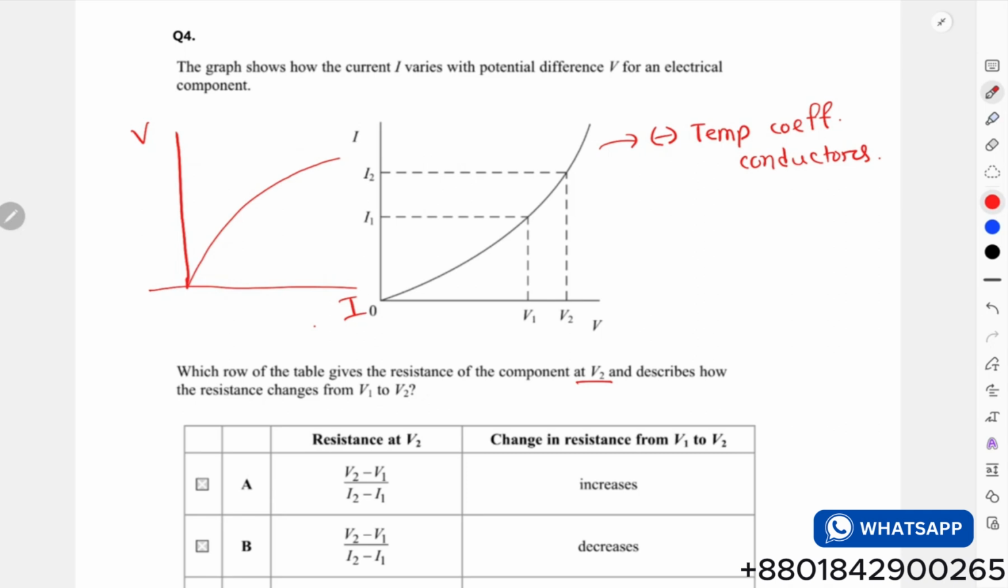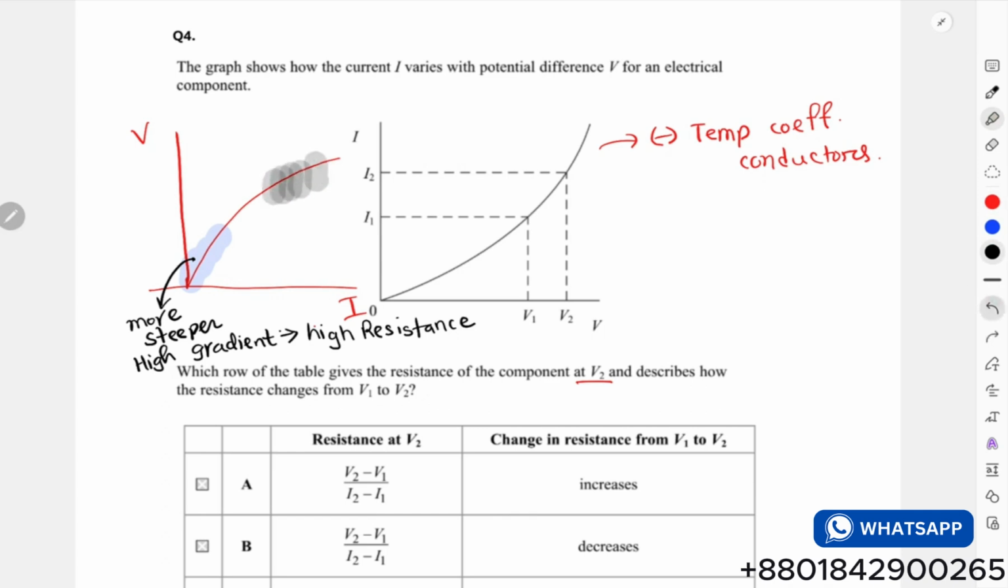In that case, the initial section is more steep. More steep means a higher gradient, which gives you higher voltage, so a higher resistance. High gradient gives you high resistance.